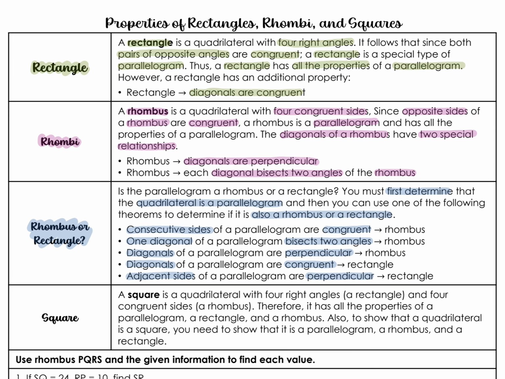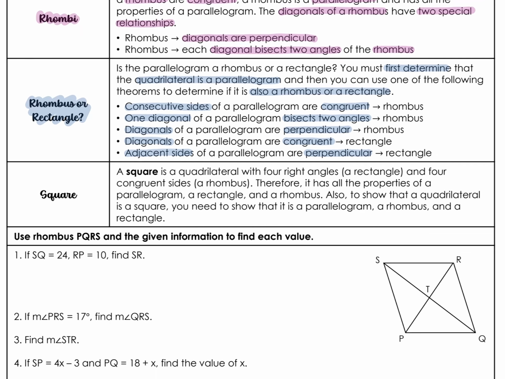All right, and then in our final section here, we are going to talk about squares. So a square is a quadrilateral with 4 right angles, so it's a rectangle, and 4 congruent sides, so a rhombus.